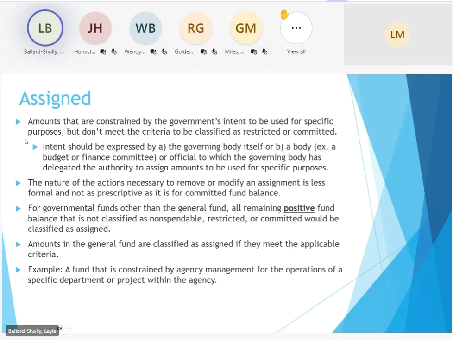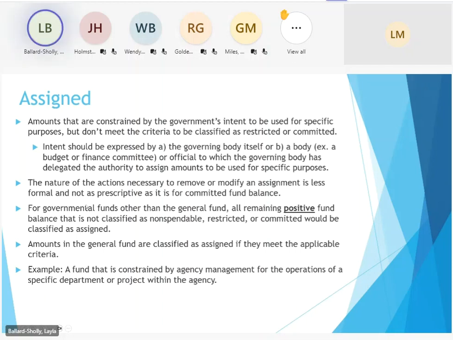The difference between this and committed is that while both of them can be changed, it's not as difficult to change or modify the constraints on assigned. For governmental funds other than the general fund, all remaining positive fund balance that is not classified as non-spendable, restricted, or committed would be classified as assigned.